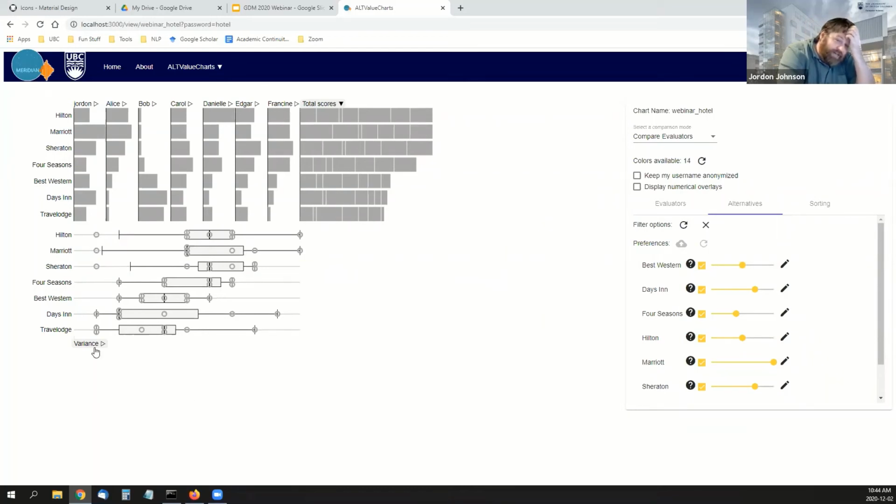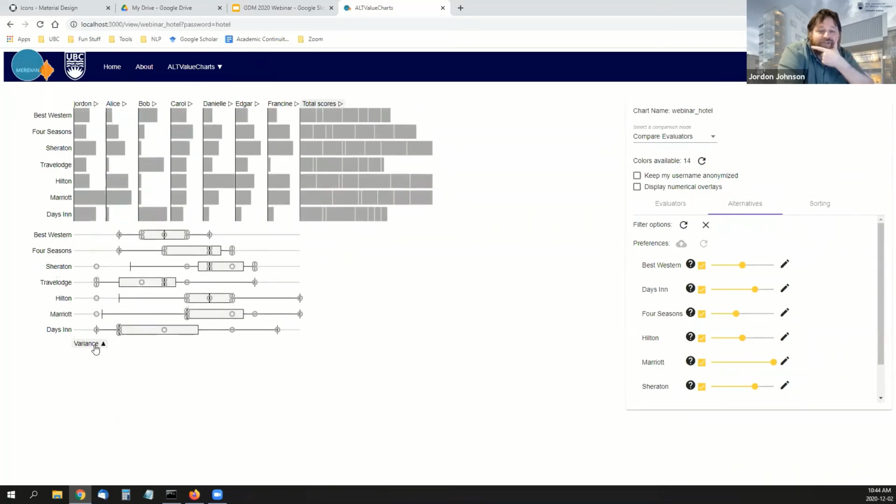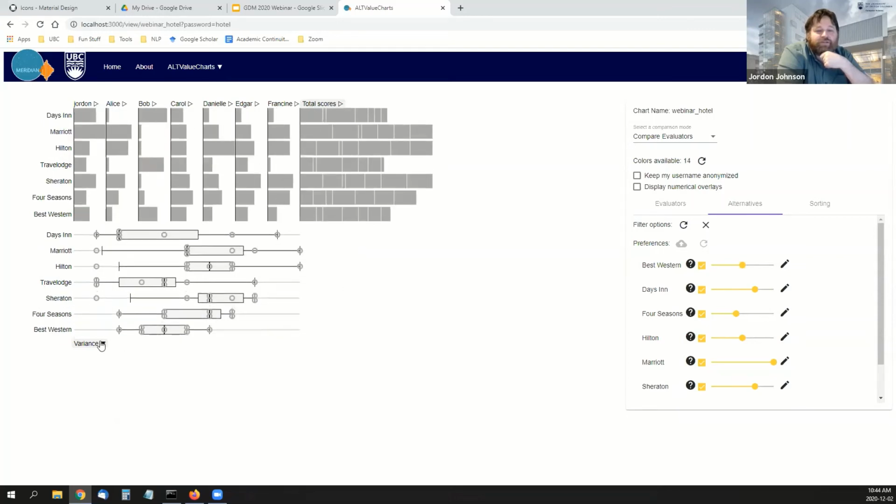So we can also sort by variance here. Unfortunately, it looks like there's quite a bit of variance for all three of our top-scoring alternatives. And it looks like the most agreement is about the Best Western, which people tend to score fairly low. So just, no, that's top, my apologies.